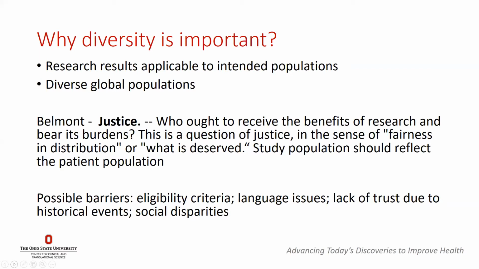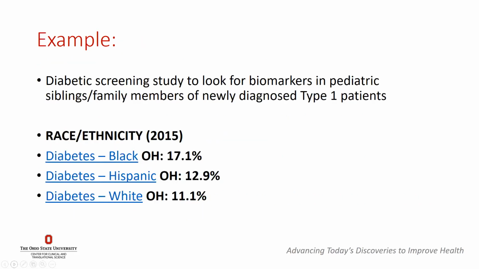This is a rather large one that we are currently facing, that there have been issues of misconduct in the past. Because of that, you have populations that do not wish to participate in research. And as recently identified, there are a lot of social and economic disparities across our populations that prevent them from participating in research. So let's look at some of these issues.